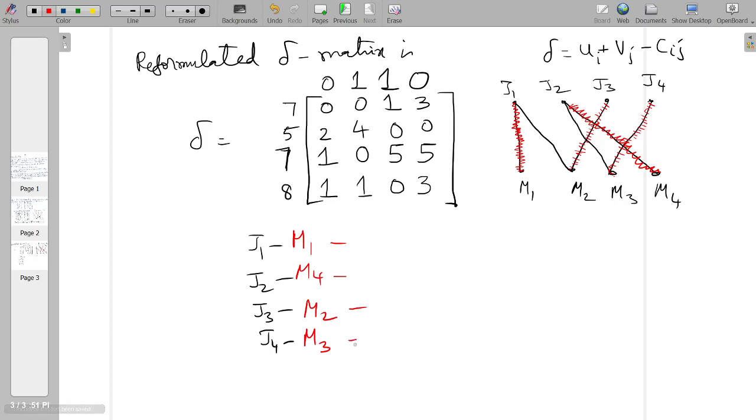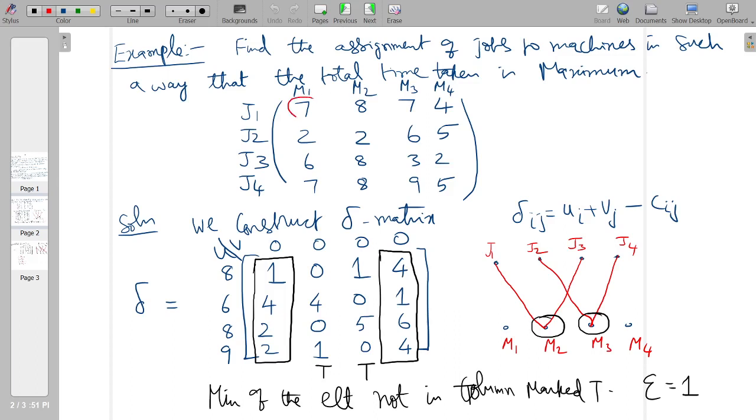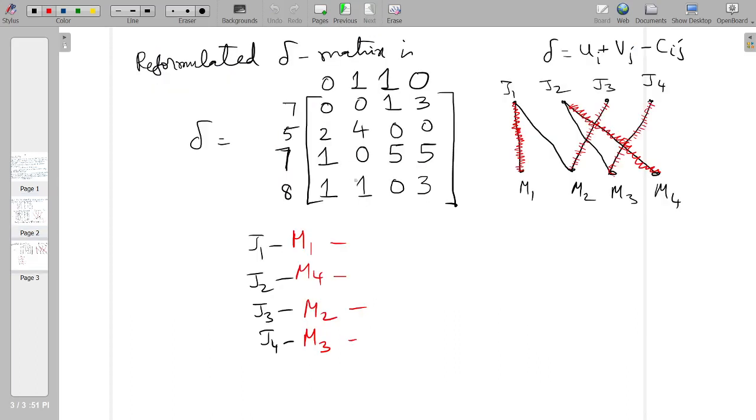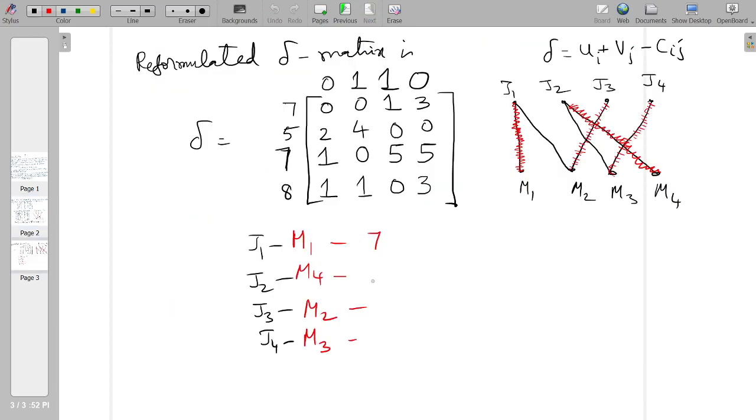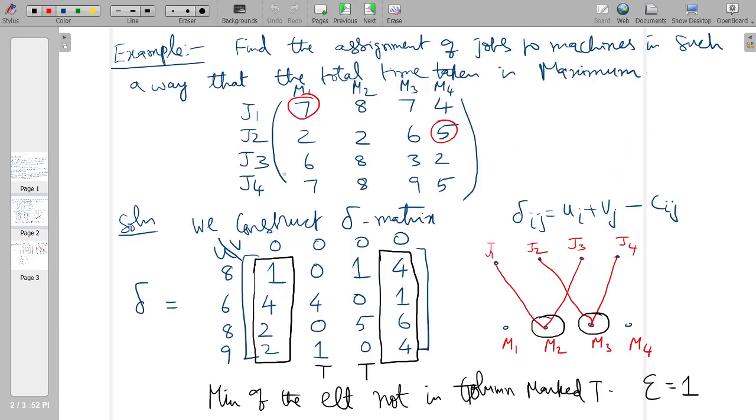So now what I do is I want to find the maximum time taken. What is the entry? J1 to M1 is 7. Okay. J2 to M4 is 5. J3 with M2 is 8.